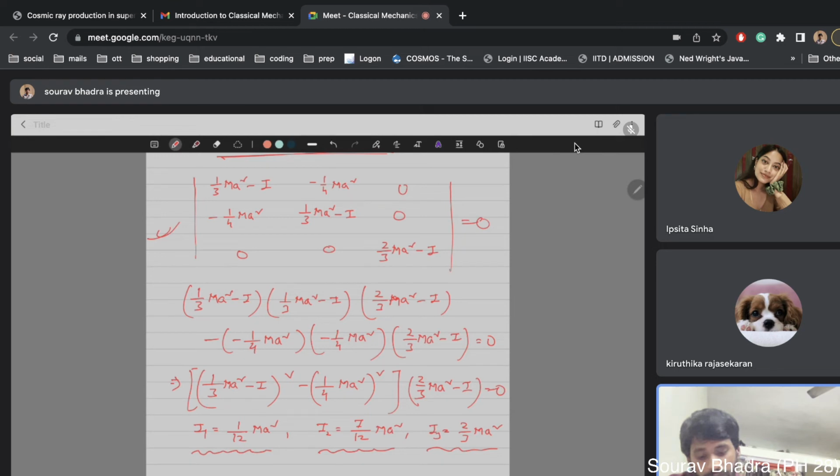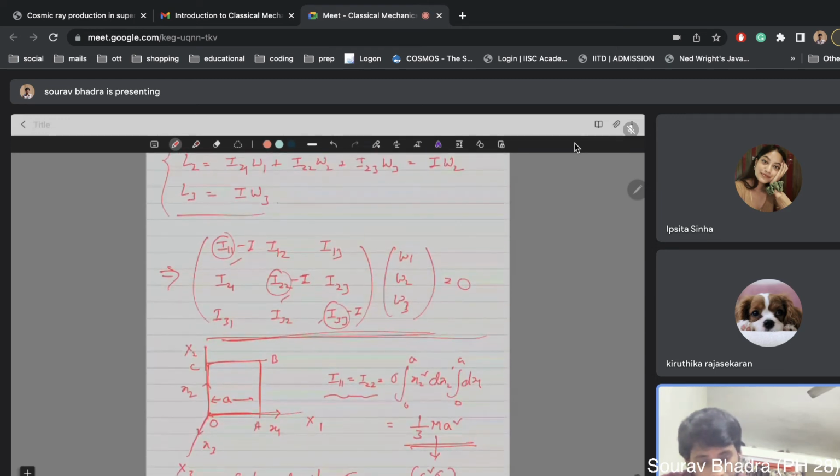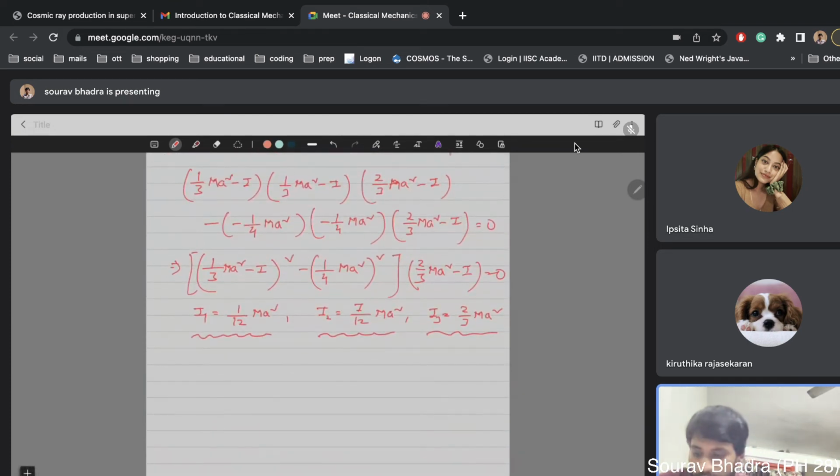If you substitute I1 as 1/12 m square, just write 1/12 m square in place of this I, then you will get this, and I have written here omega 1, omega 2 and omega 3 also. As this is non-zero, this column vector is not 0. Now just write that vector omega 1, omega 2, omega 3 equals to 0, that means 0, 0, 0.